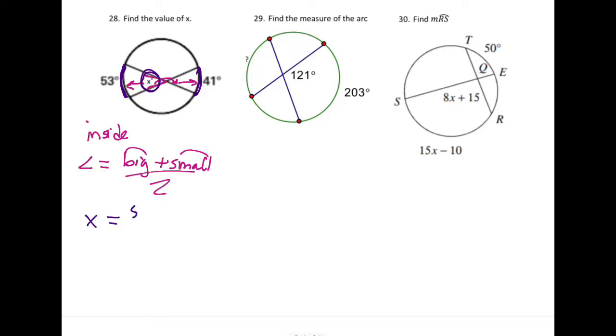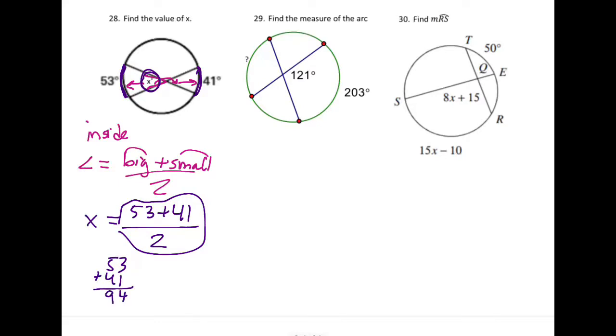The big arc is 53 plus the small arc is 41, divided by 2. And x is by itself, so I'm just going to do this math really quick. Let me just do it by hand. So we have 94 divided by 2, which is 47. So x equals 47 degrees, since it's an angle. And that's all we had to find, was x.